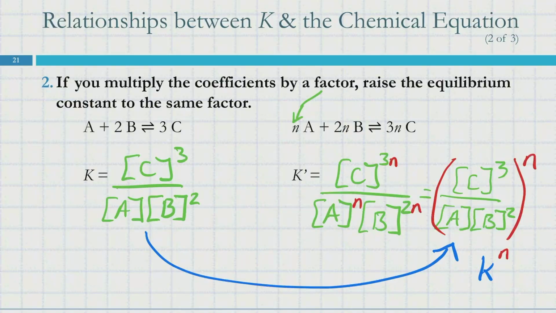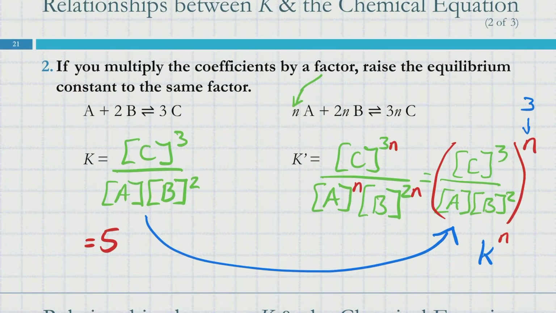So if our K initially was, let's say it's 5 again, and let's say that our n is 3, right, so that our coefficients are 3, 6, 9, then our KEQ for this new setup would be, I've swapped my colors, 5 raised to the 3rd power.